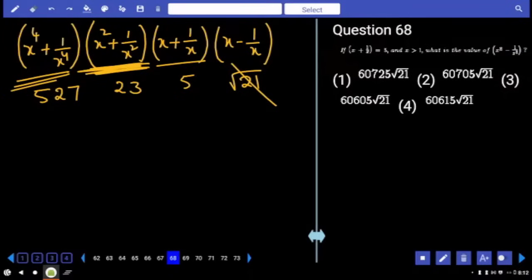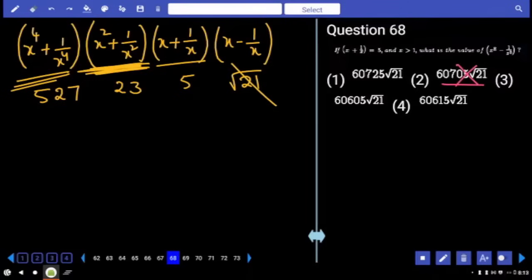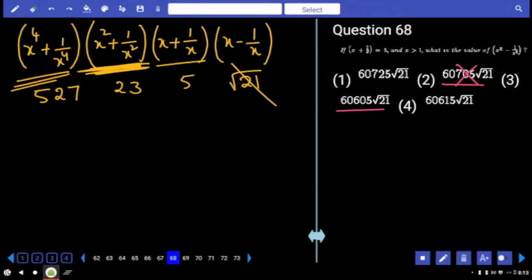Is this a 3 multiple? 5, 6, 7 consecutive numbers, so it is a 3 multiple. Can this be your answer? No. Third option, can this be your answer? Yes, because that is not a 3 multiple. Can the fourth option be your answer?